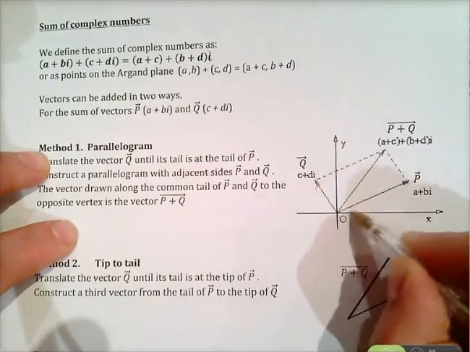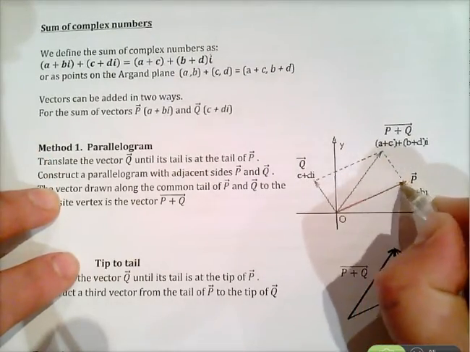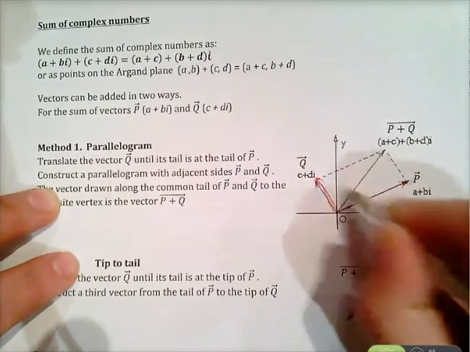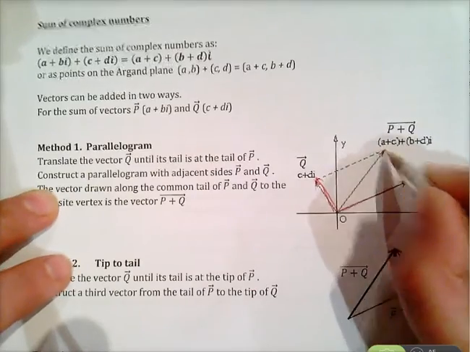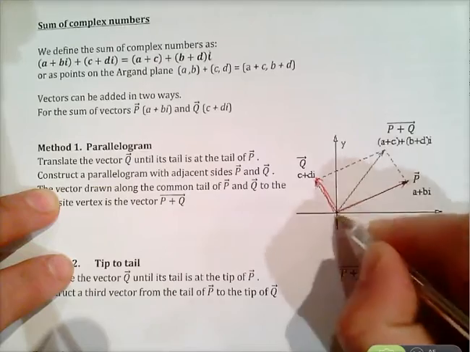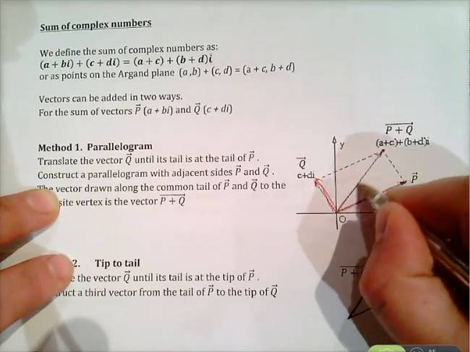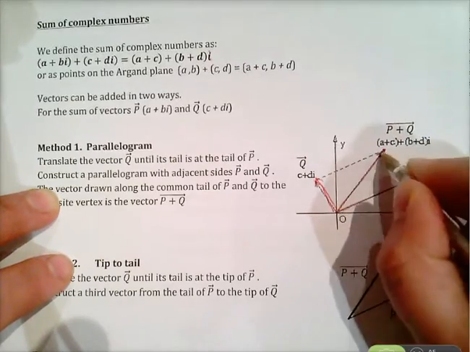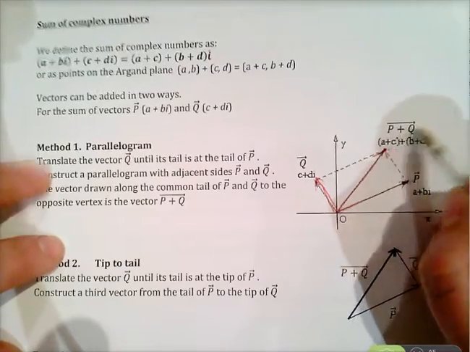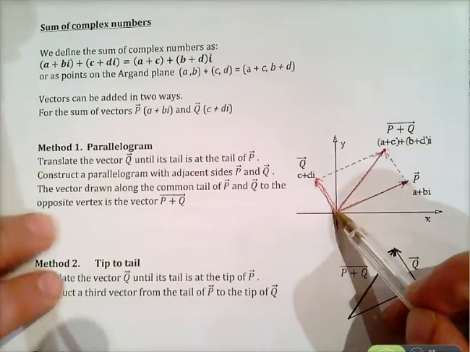We draw a parallelogram: a dotted line parallel to OP, and a dotted line parallel to OQ, and we have our new point there. The vector from O to this point in the middle is P plus Q, the addition of vector OP and OQ.